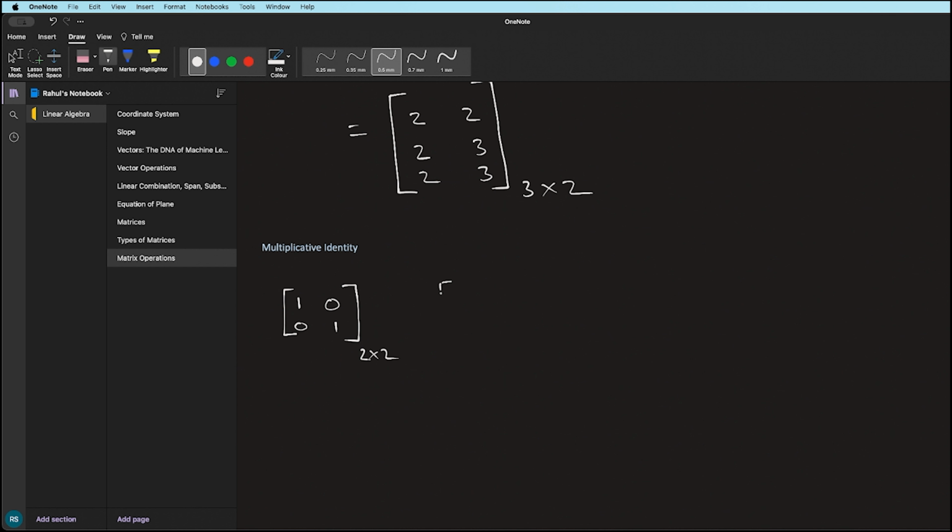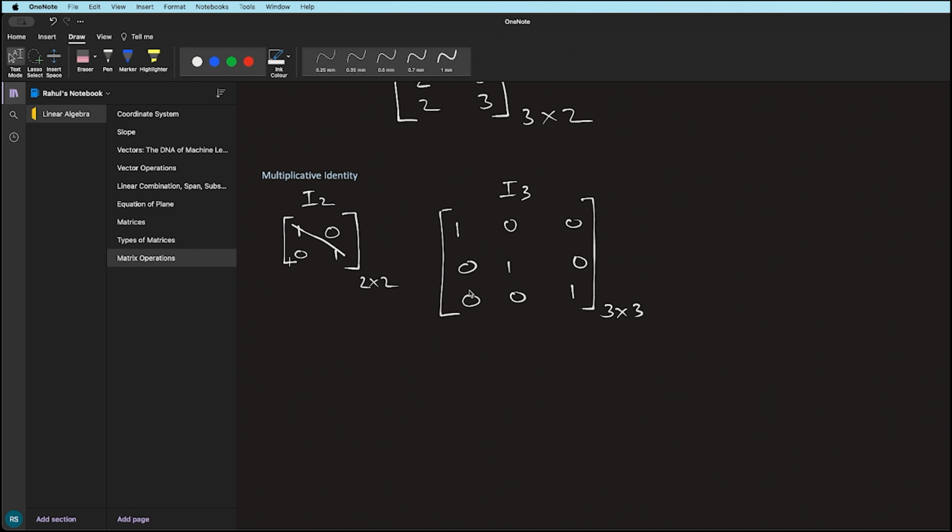Then 1 0 0, 0 1 0, 0 0 1 is the 3 cross 3 identity matrix. These are denoted by I2 and I3. An identity matrix is a square matrix in which the diagonal elements are 1 and the rest of the elements are 0.